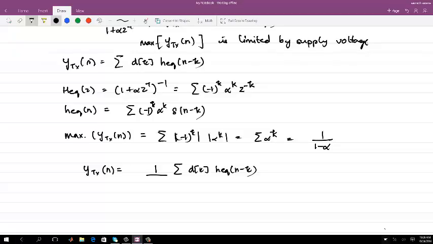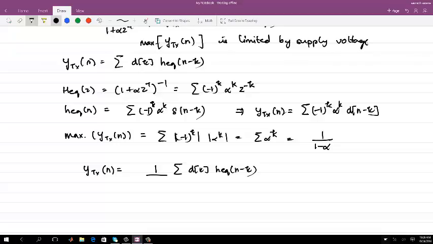So ytx of n is the convolution, so this will be minus 1 power k alpha k, then d of n minus k, right? Did you get this part?